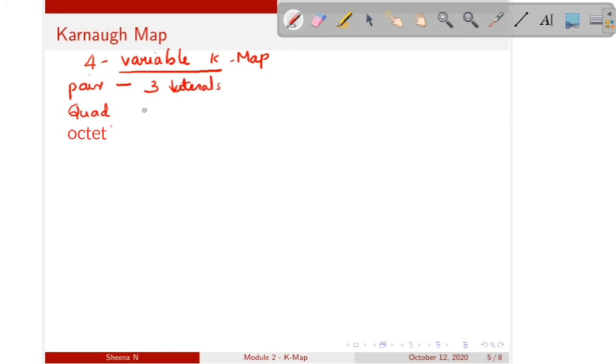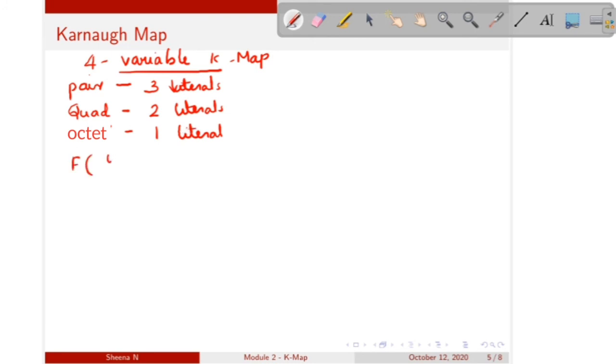When you group 4 ones together, 2 literals are cancelled, and we get only 2 literals in the expression. When 8 elements are grouped together, 3 literals are cancelled and we get only 1 literal in the expression. Okay, consider an example.